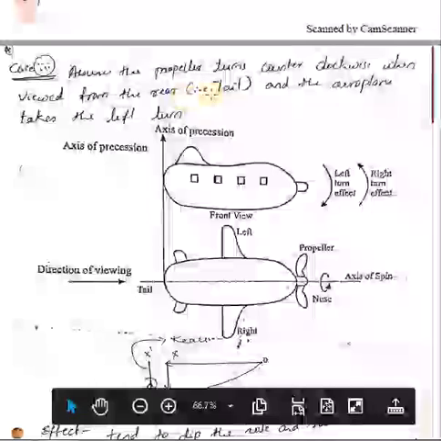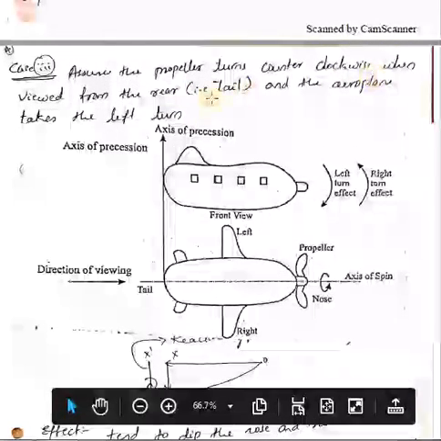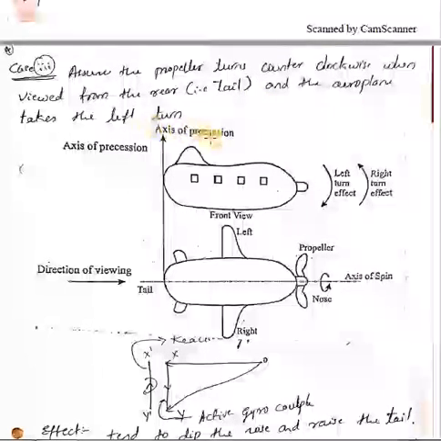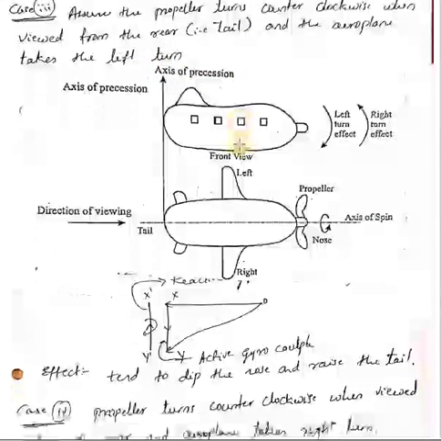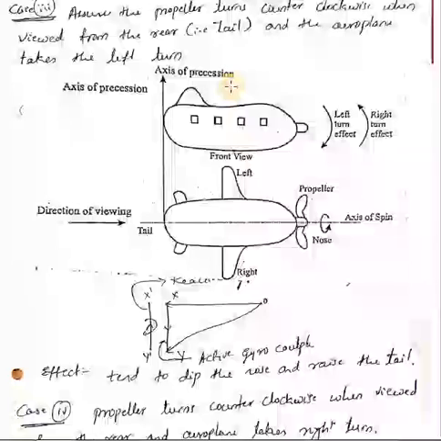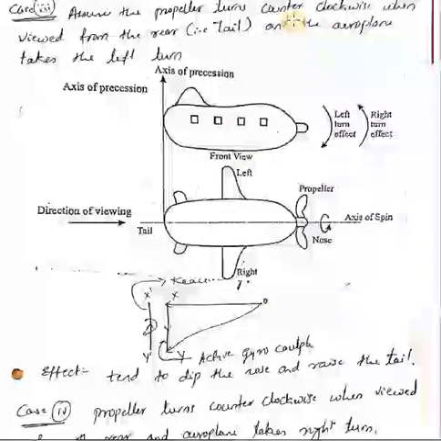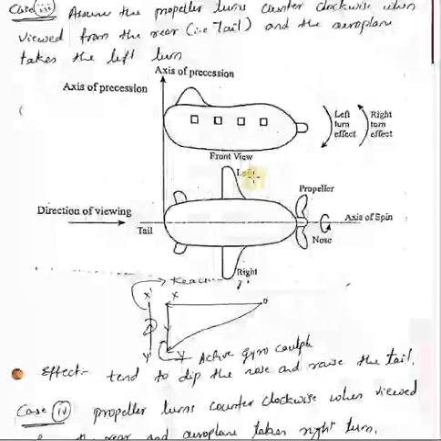Assume that the propeller turns counterclockwise when viewed from the rear, that is from the tail end, and the aeroplane takes a left turn. So all the conditions are the same, the only thing is the direction of motion of the propeller, this time it is counterclockwise when viewed from the rear end, and the aeroplane is taking a left turn.